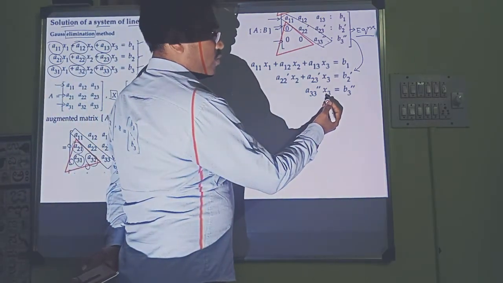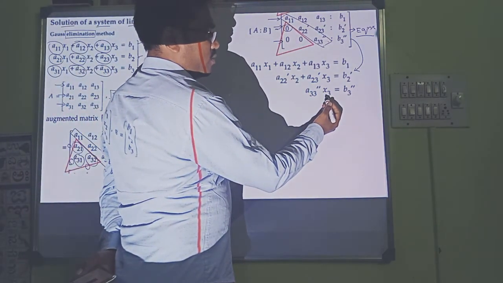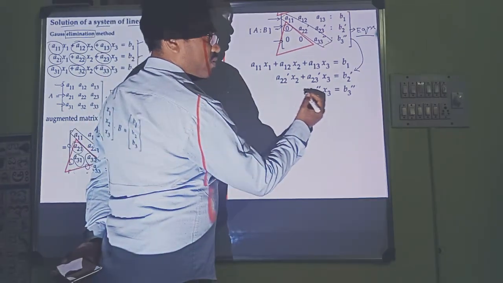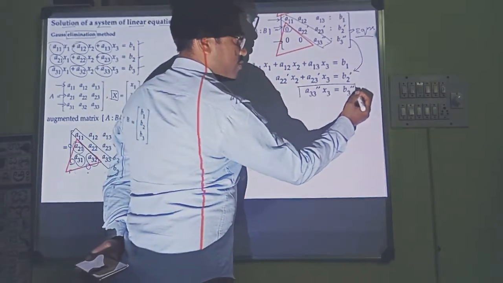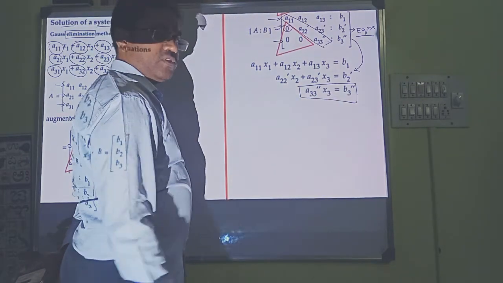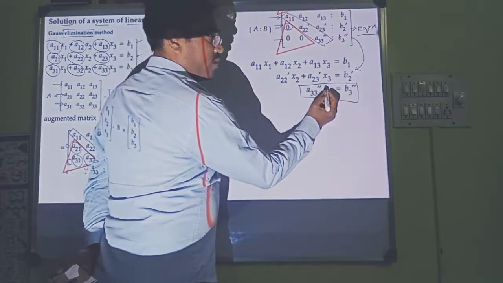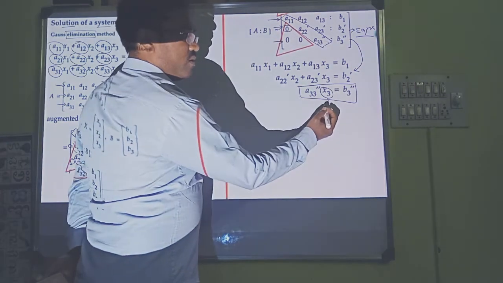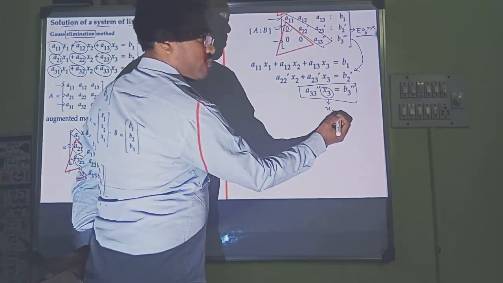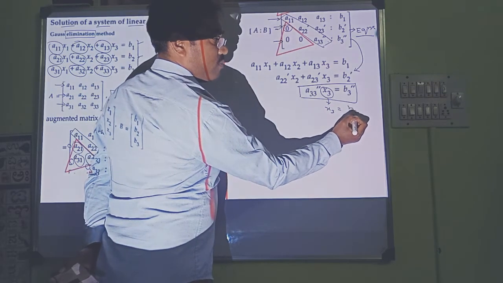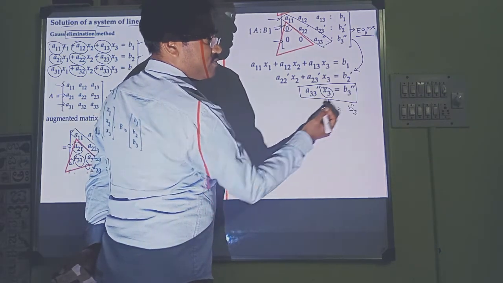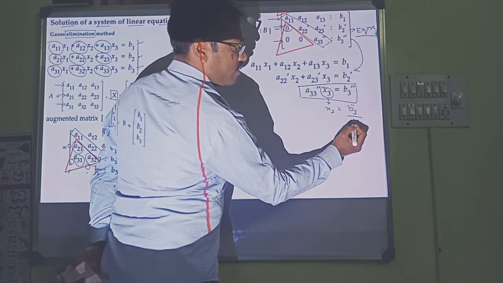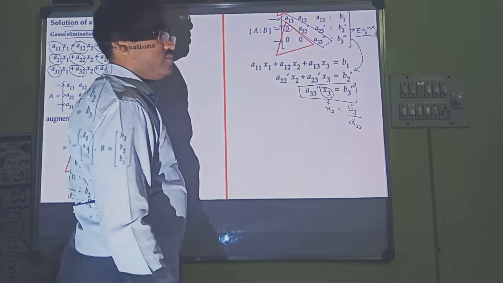Now we go for back substitution. How? First solve the third equation. You can find out the value of x3 from this: x3 is equal to b3 double dash divided by a33 double dash.